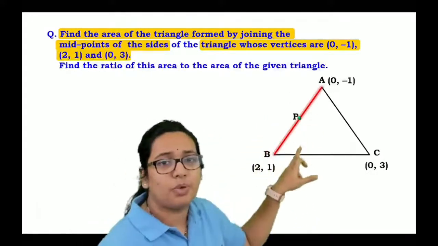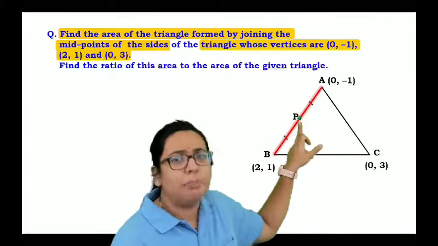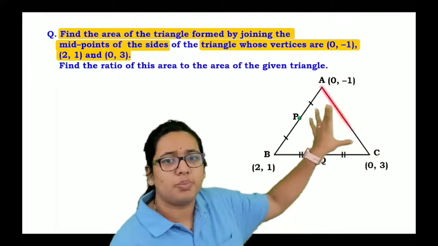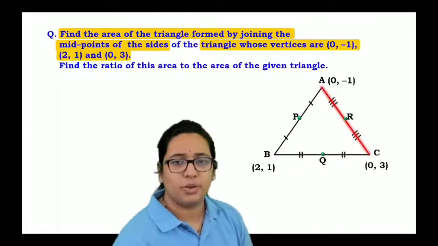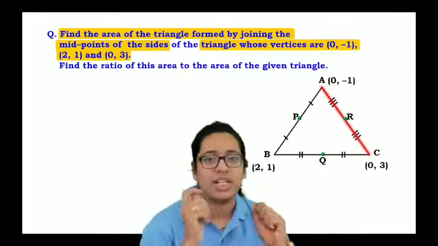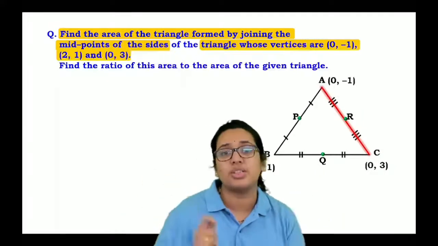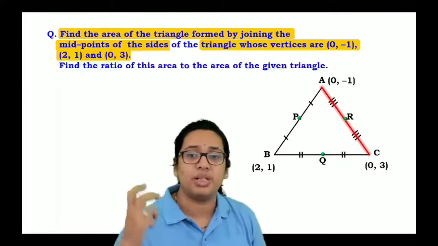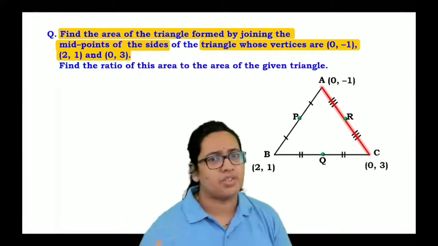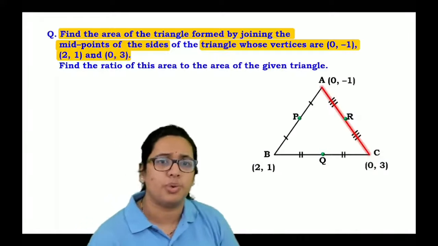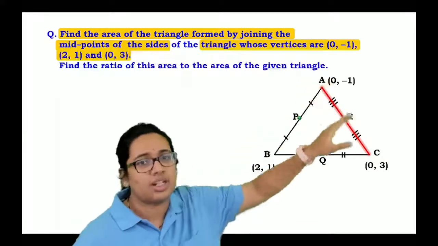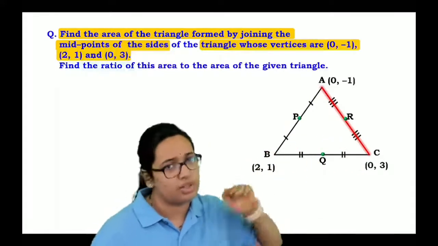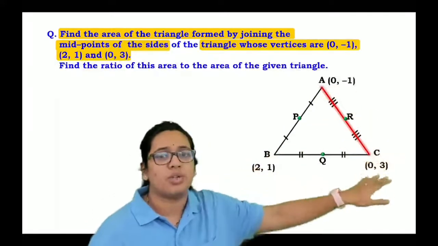Suppose the midpoint of AB is P, the midpoint of BC is Q, and the midpoint of AC is R. If you have the coordinates of the two extreme points, you can easily find the midpoint, right? Let's revise the formula for the midpoint: for x1, y1 and x2, y2, it is (x1 plus x2 divided by 2, y1 plus y2 divided by 2).